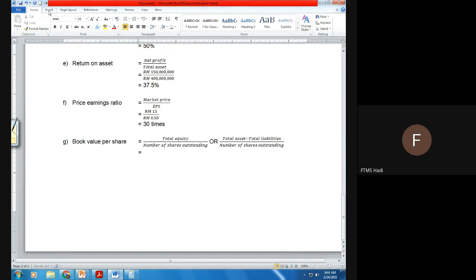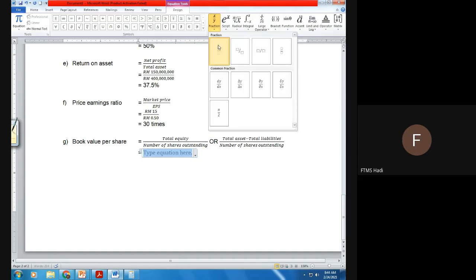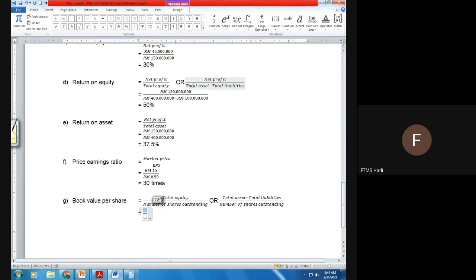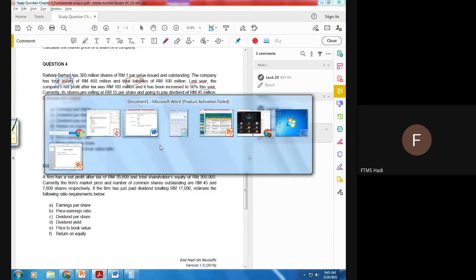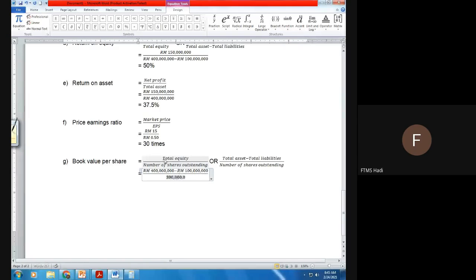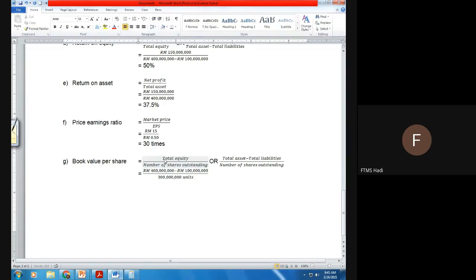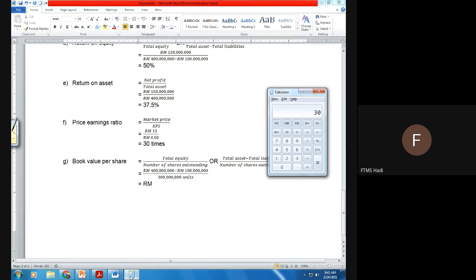So therefore, total asset tadi, ni samalah tadi, total asset minus total liabilities kan. 400 tolak 100. Number of shares outstanding tadi, this one, 300 million. So the answer will be RM100 juta dengan 300 juta, ringgit.